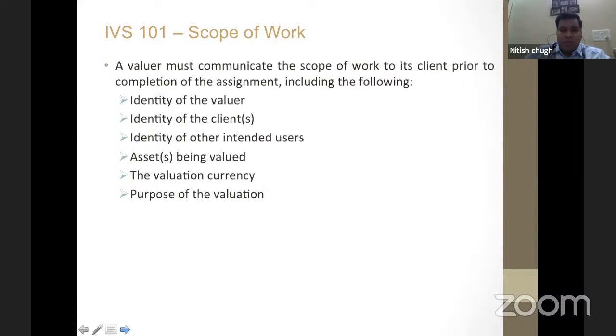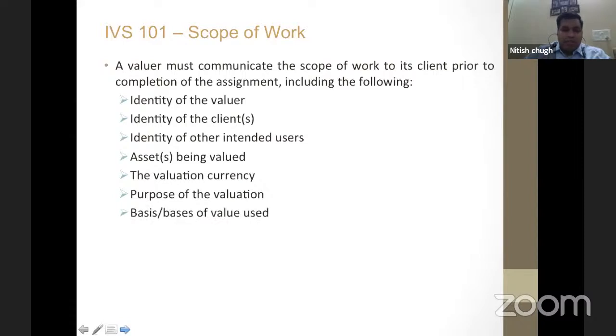You have to apply discount for control, discount for lack of control, discount for marketability. All these factors can only be factored in if you know the exact purpose of valuation, right? We had a detailed discussion on this yesterday also. Purpose of valuation is very important, and it needs to be dotted down and communicated to the client.